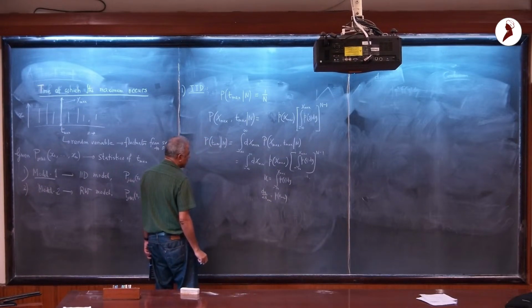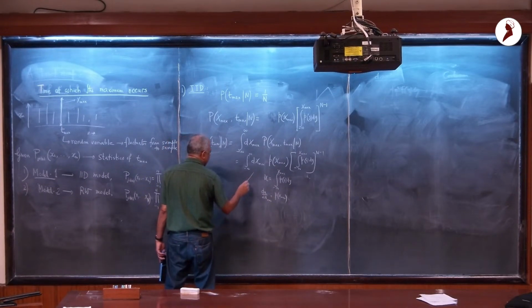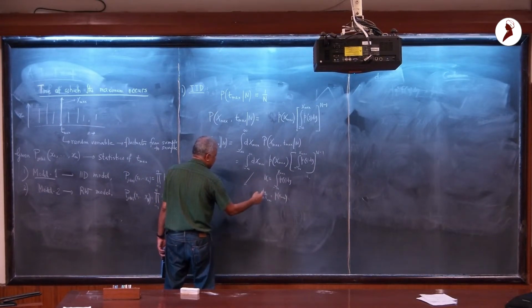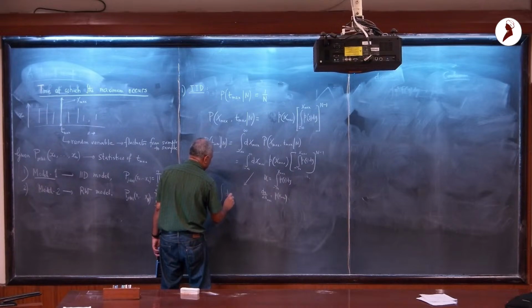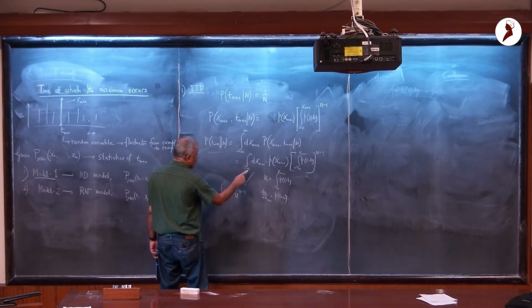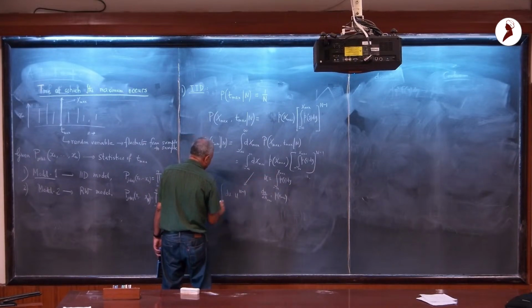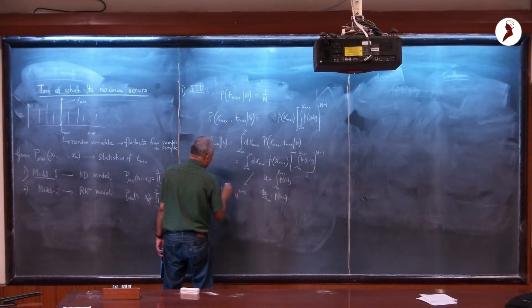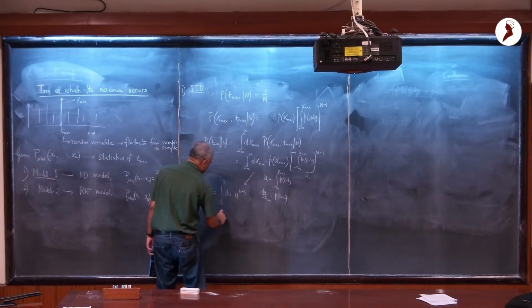So P of x max dx max is just du. So you have du, u to the power n minus 1. And what are the limits? When x max is minus infinity, u is 0. When x max is plus infinity, because this is normalized, u is 1. And therefore, this is equal to 1 over n.